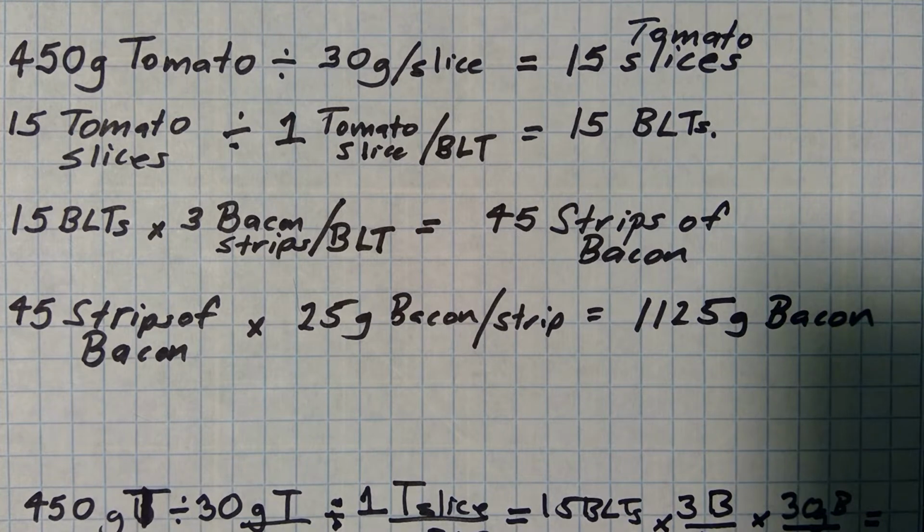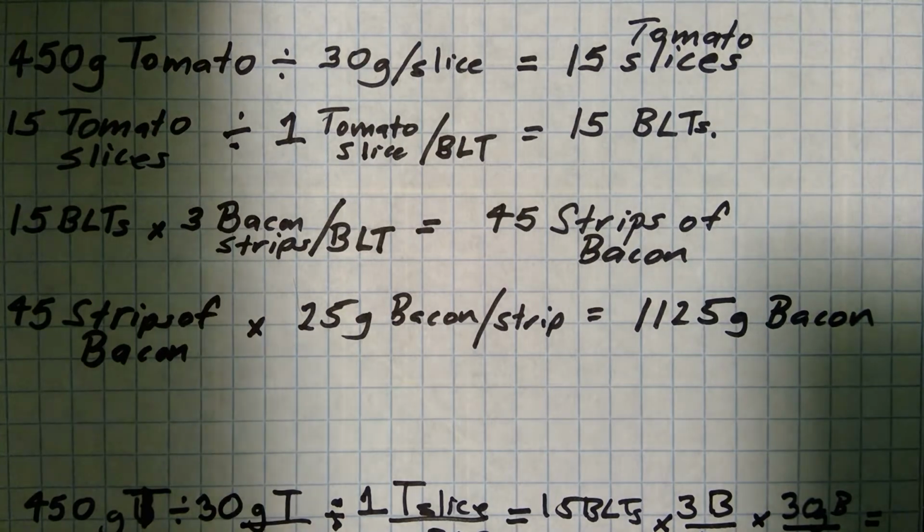That one's the coefficient from the reaction above. That would allow you to make 15 BLTs. Once it's on a per BLT basis, you can figure out how many strips of bacon. So the 15 BLTs, and there's 3 bacon strips per BLT, that'll be 45 strips of bacon. And since each of these 45 strips of bacon has a mass of 25 grams, 45 strips of bacon times 25 grams per bacon strip would mean that's 1,125 grams of bacon.